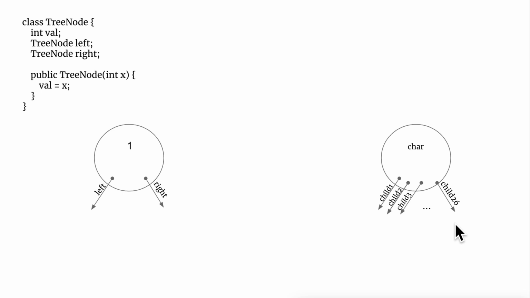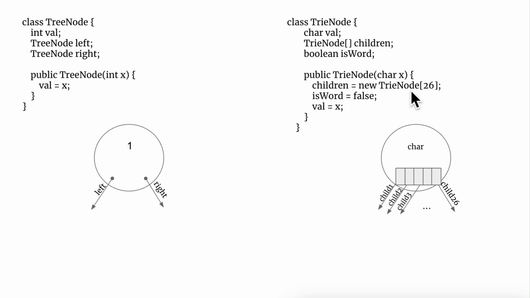The question now is, how do we store those 26 child pointers? Yes, I can use an array with a size of 26 to store those 26 child pointers. I also use a Boolean variable named isWord to indicate whether or not it's a word here.